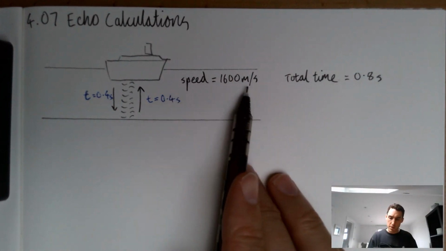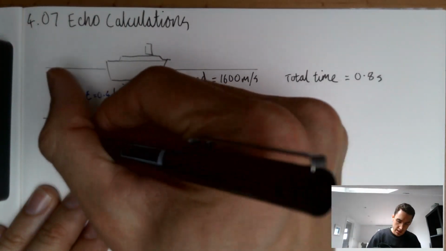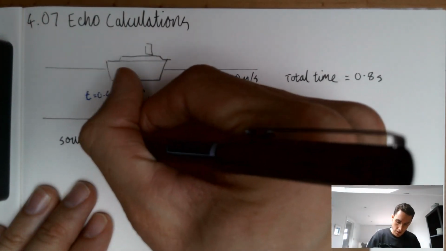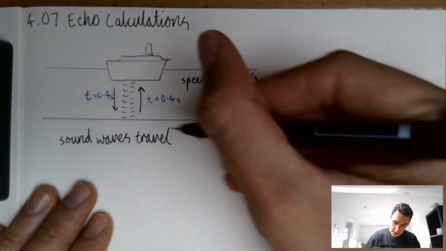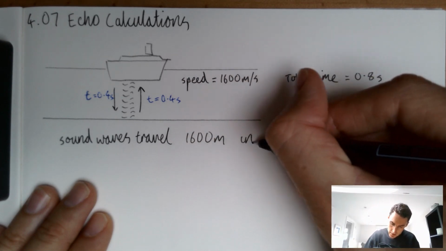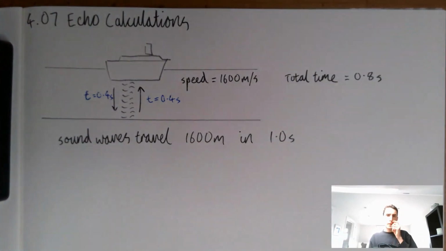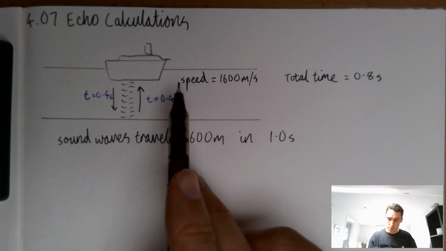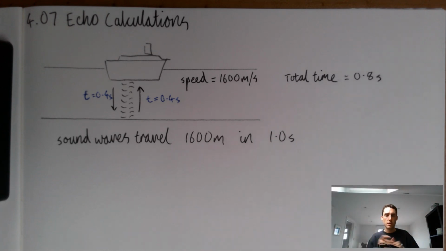If you've got a speed of 1600 meters per second, what that means is the sound waves travel 1600 meters in 1.0 seconds. That's what this means. So in a second, that's how far the sound waves travel, 1600 meters.